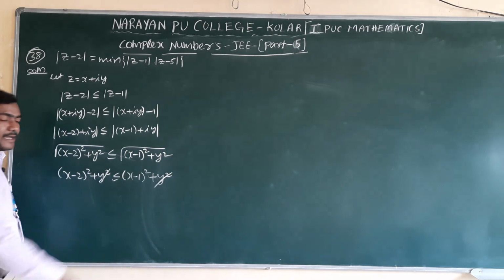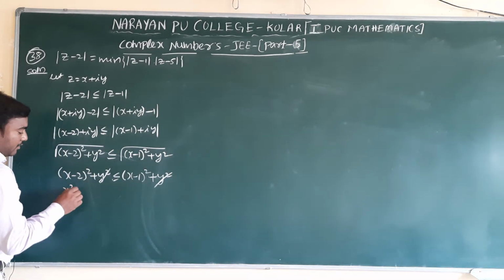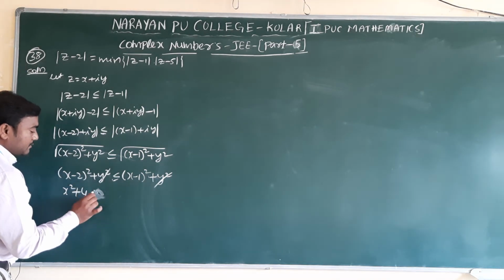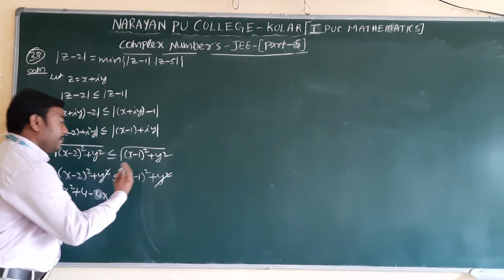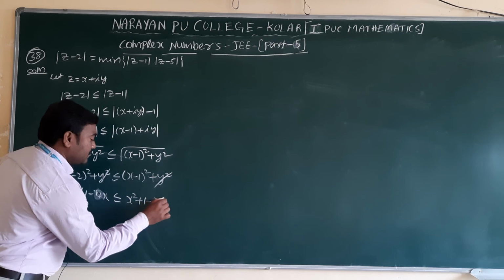Y square gets cancelled, remaining x minus 2 whole square. By the formula a minus b whole square, x square plus 4 minus 4x is less than or equal to x square plus 1 minus 2x.